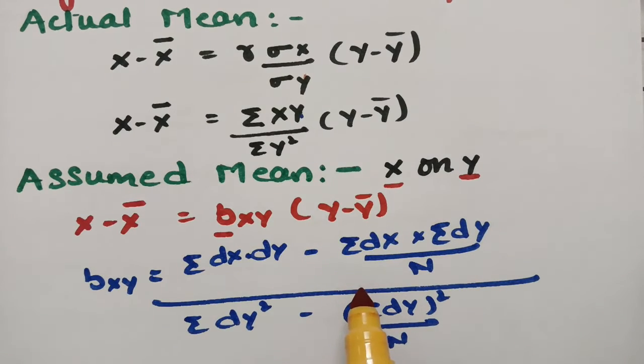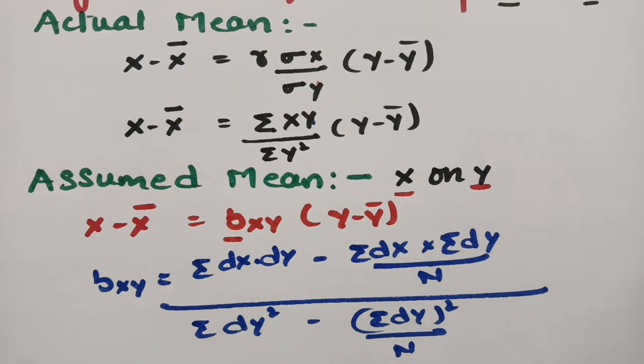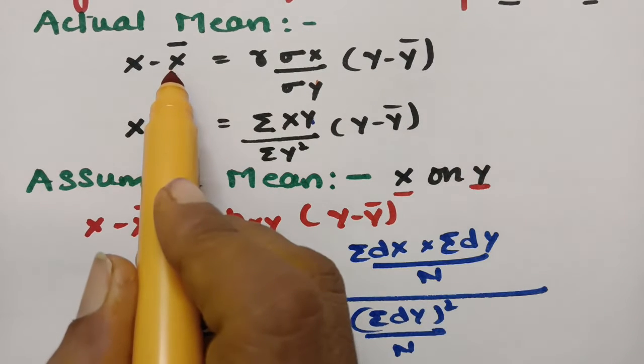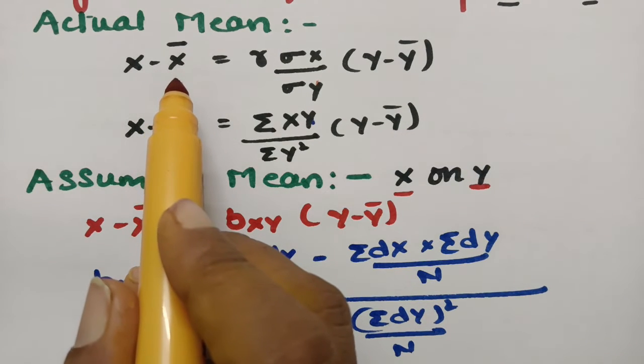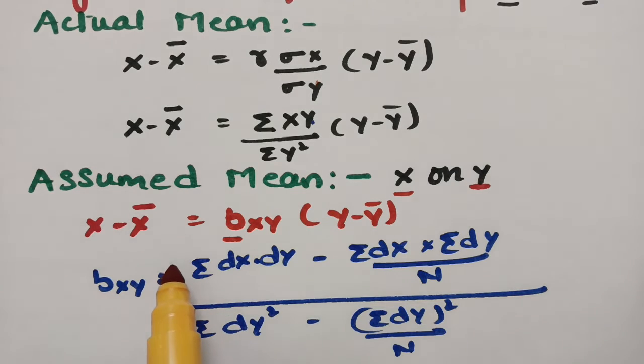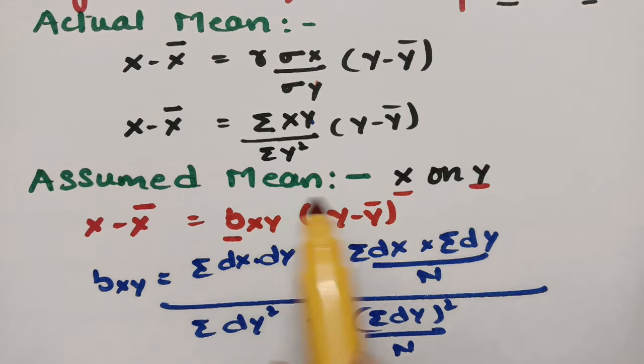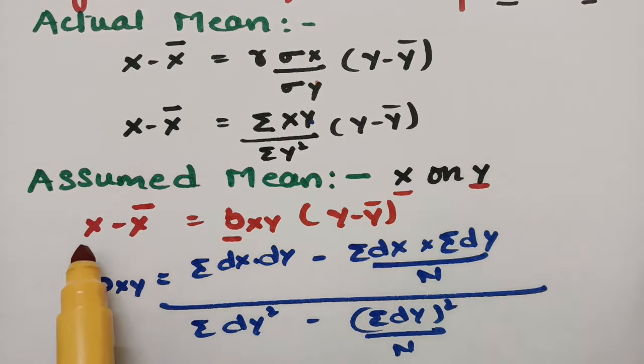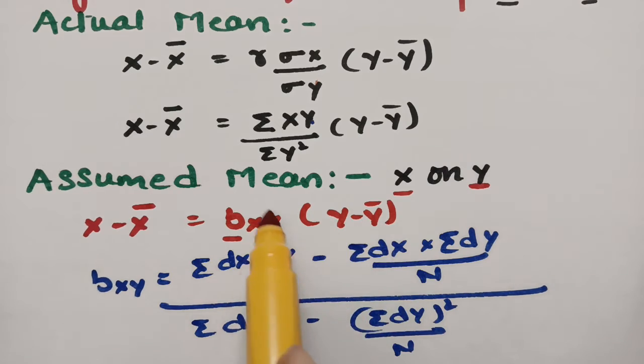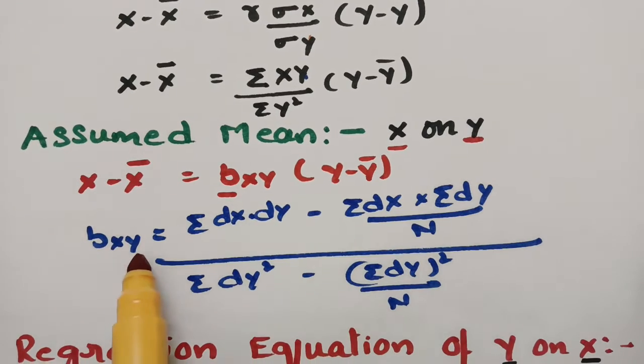Now for the assumed mean. When we calculate the arithmetic mean x bar and it is a fraction, not a whole number, we take a whole number and assume a certain mean, and do the calculation in that way. For the assumed mean, the regression equation of x on y is x minus x bar equals bxy, again starting with x and ending with y, into y minus y bar. What is this bxy?